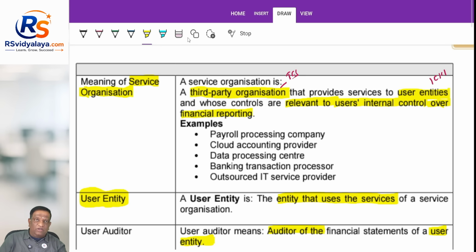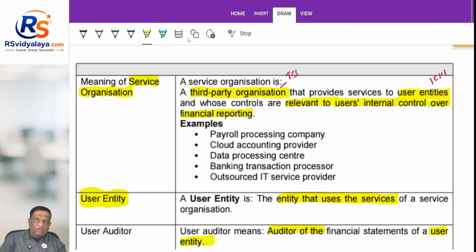These are core activities, but nowadays these companies prefer to outsource them. I will take you through some practical examples of which functions companies are outsourcing, and through that example, what a user entity is and what a service organization is will become conceptually clearer to you. So, let us look at the practical example.